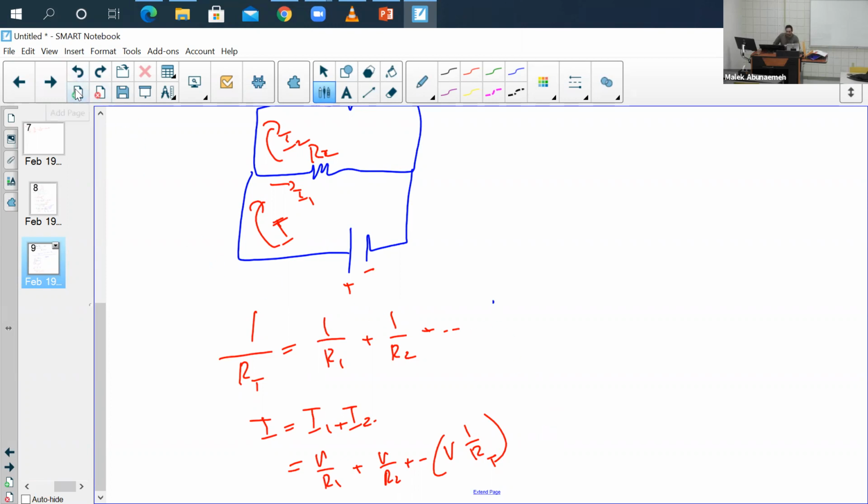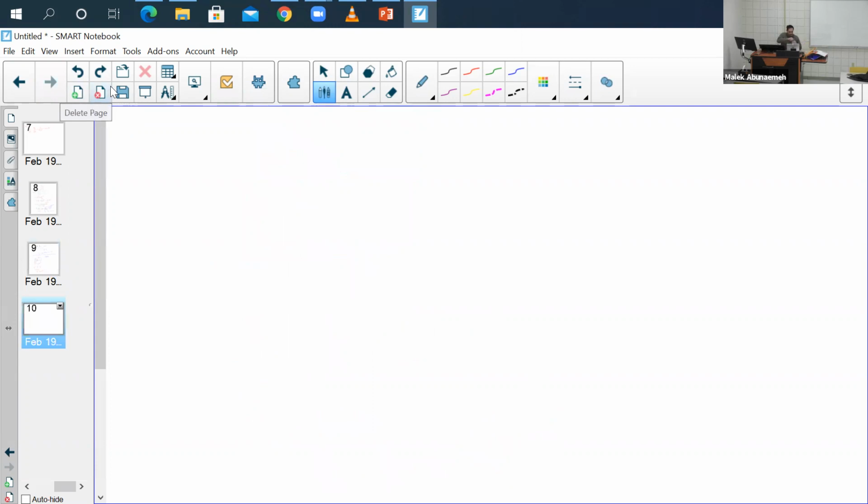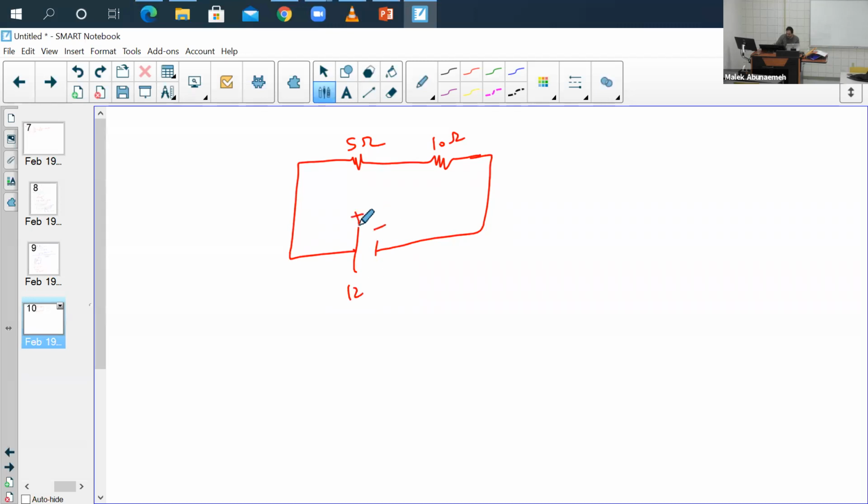So let's do an example, shall we? Let's say we have a circuit, connected to a battery. The first one is 5 ohms, the second one is 10 ohms, and this is 12 volts, negative, positive. Now, we want to condense this.